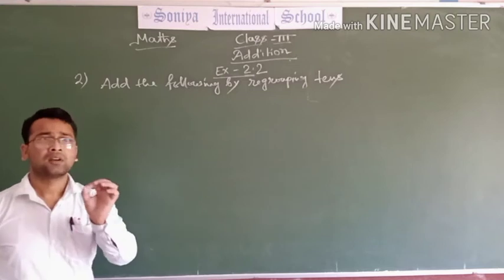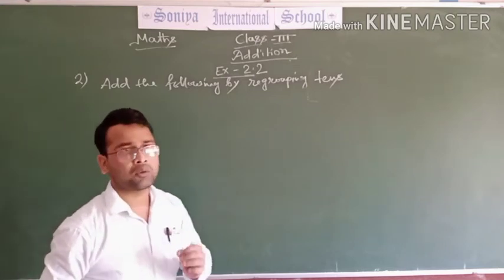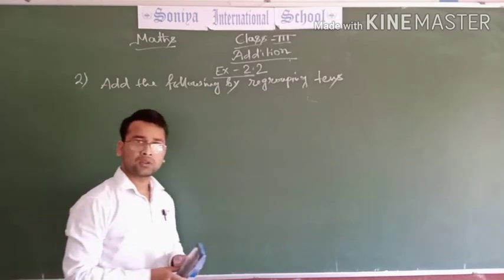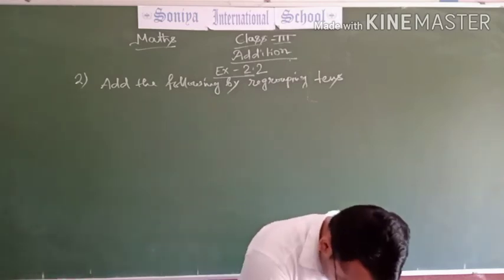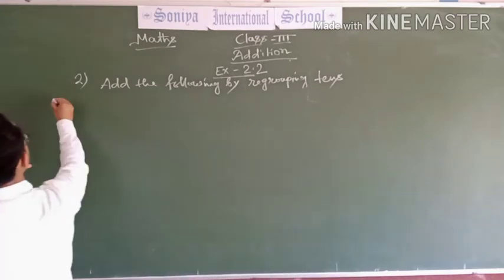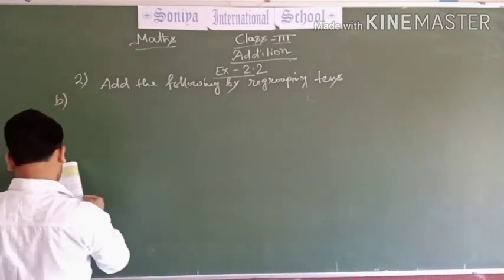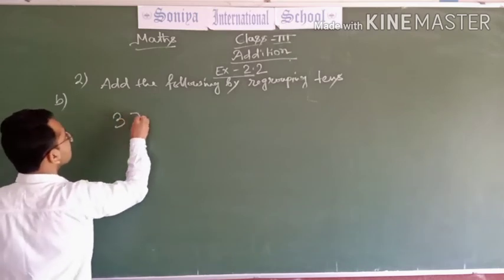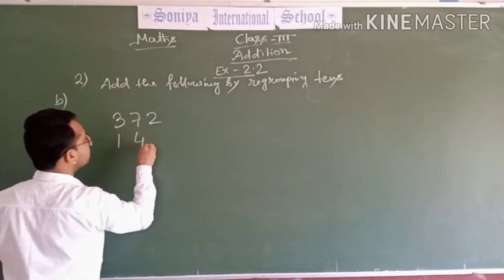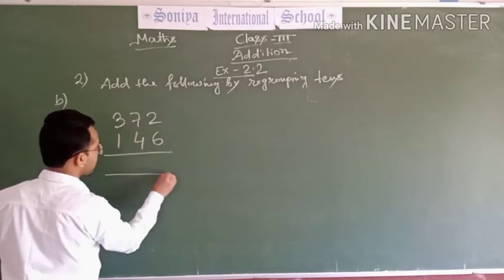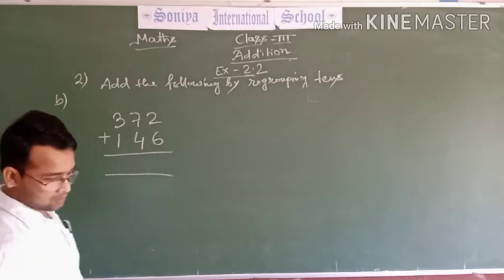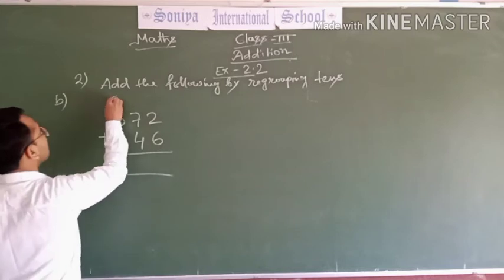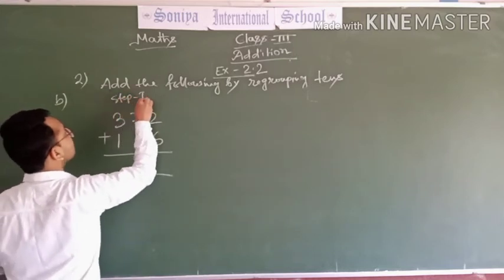Ones places carry forward to the tens place, and tens places carry forward to the hundreds place. Now take an example, 2B: 372 plus 146.